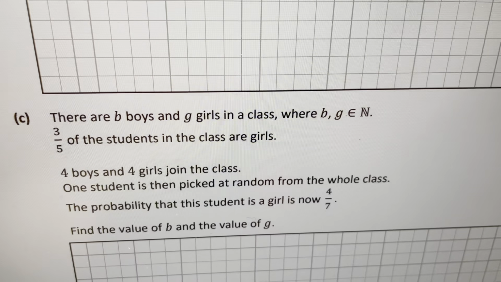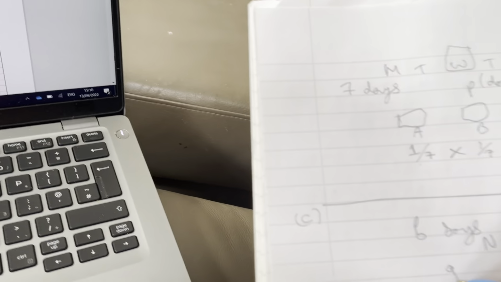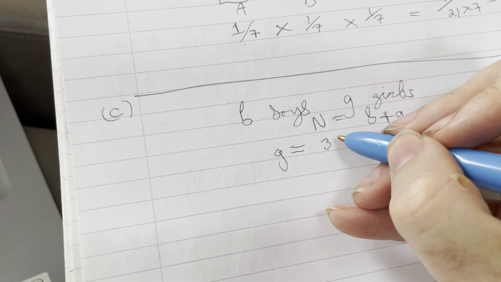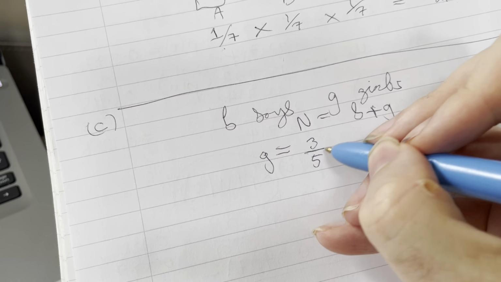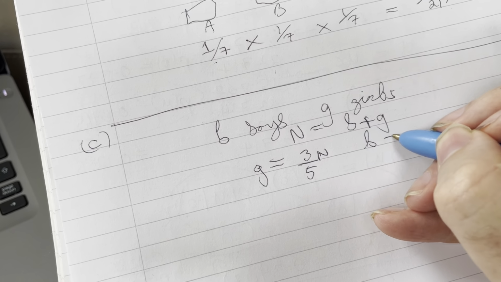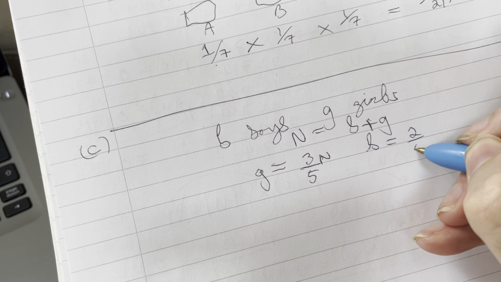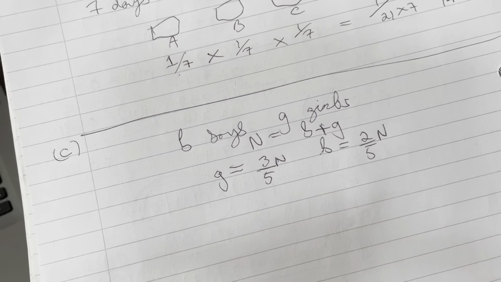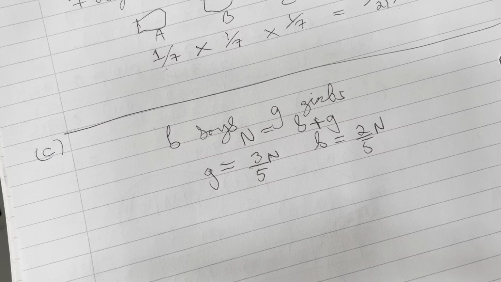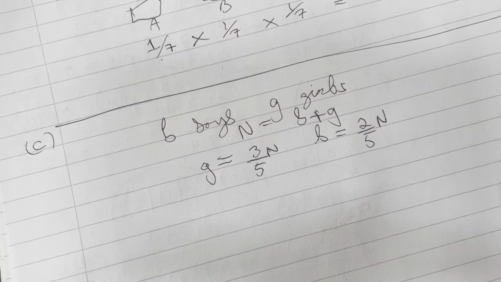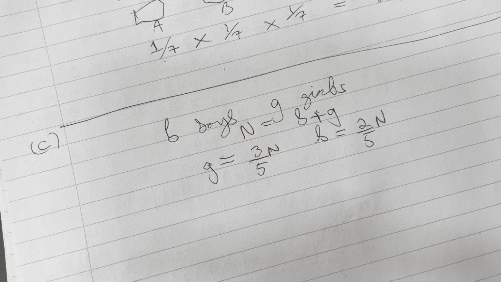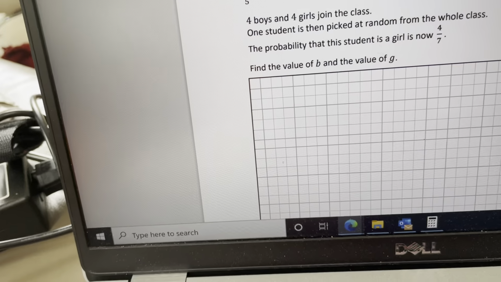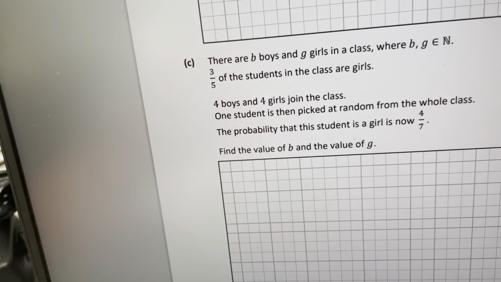So 3/5 of the students in the class are girls. So girls is equal to 3/5 of N, which means boys is 2/5 of N. Because if you're not a girl, you're a boy, so they are mutually exclusive, so the total of them must be equal to N. So add them together. 4 boys and 4 girls join the class.